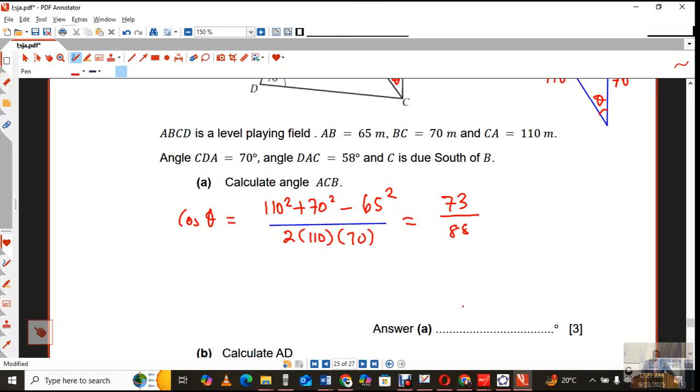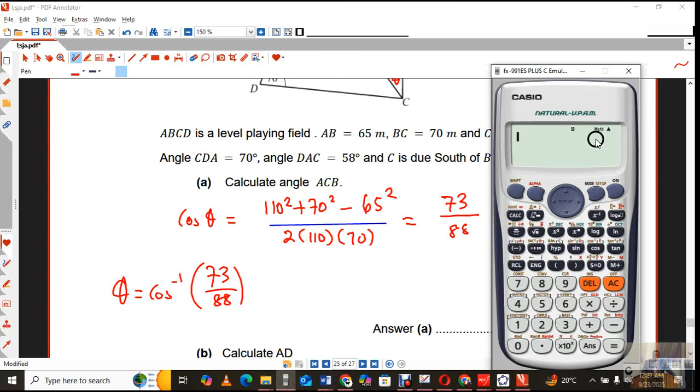Make sure your calculator is in degrees mode. So our answer is going to be the inverse cosine of 73 over 88. So let's see. It's in degrees mode, so inverse cos of 73 over 88. Okay, close the bracket, and you get that answer, which is 33.94.